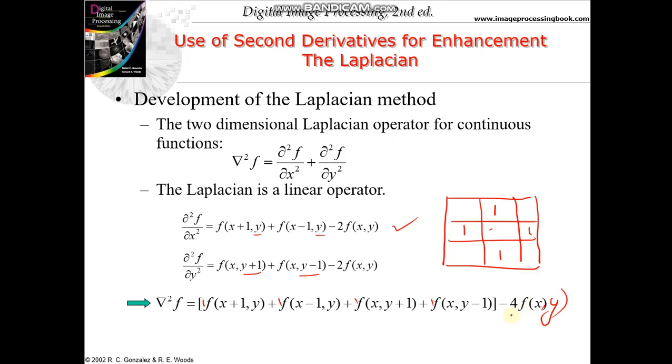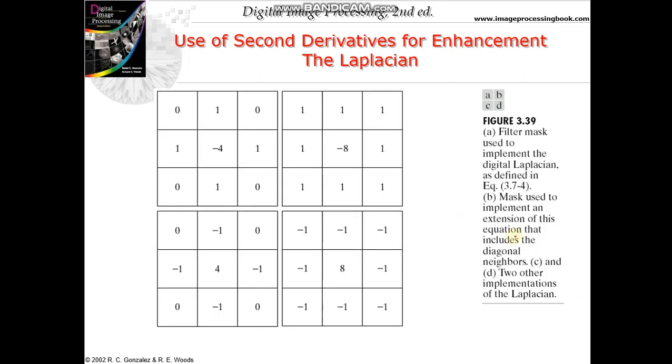Now what is in the x, y coordinate? It is minus 4, so write this minus 4 over here. This is how we are going to design a filter. In the other coordinates it is 0. So this is our Laplacian sharpening filter. This is the way of designing it.